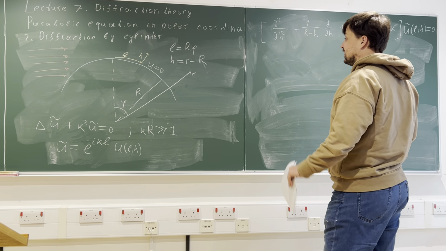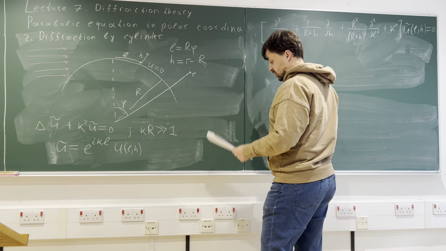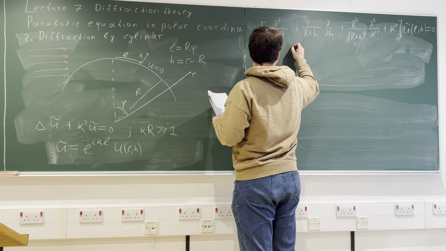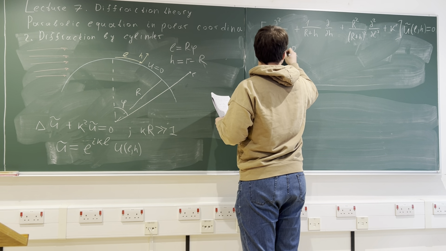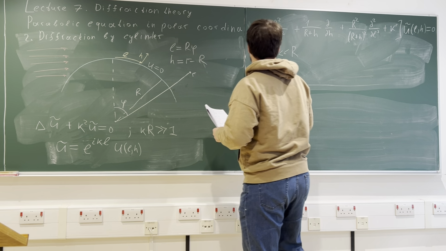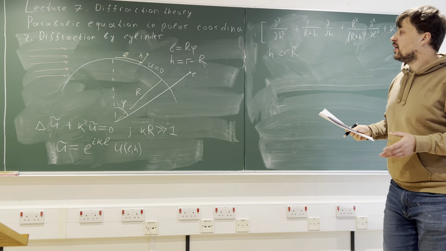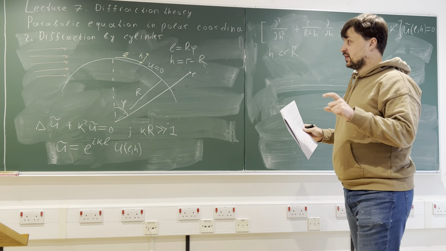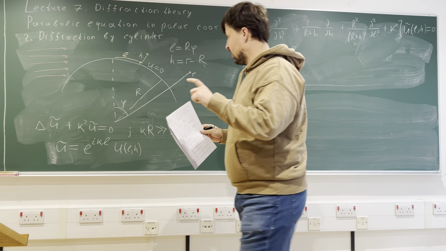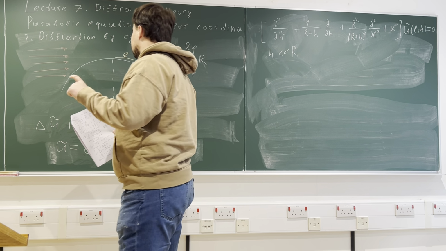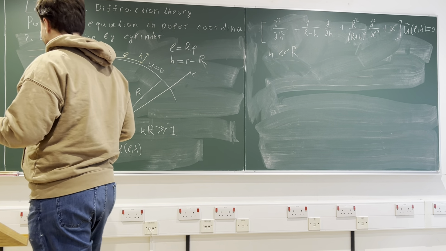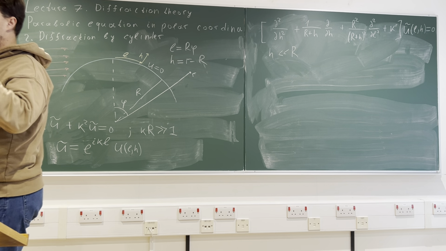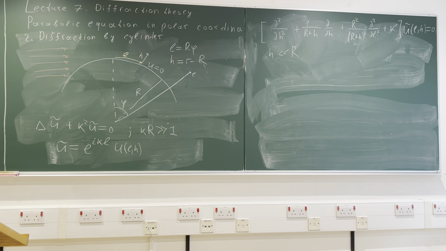So of course, the first thing I will discard is everything where R is much bigger than H, where H is, as I said last time, a scale for amplitude variation along the radius.